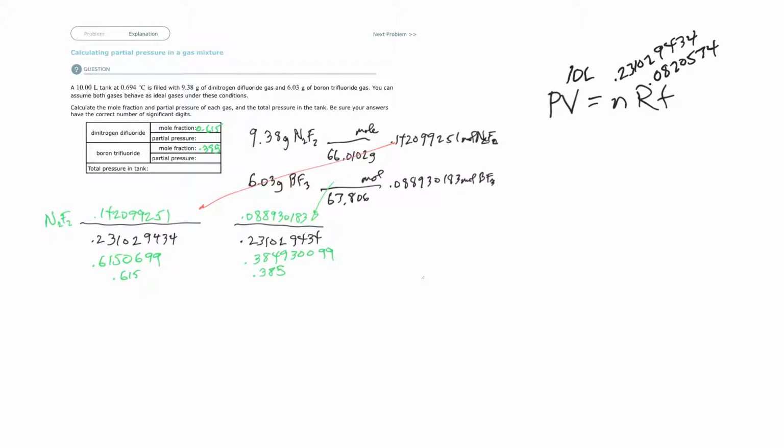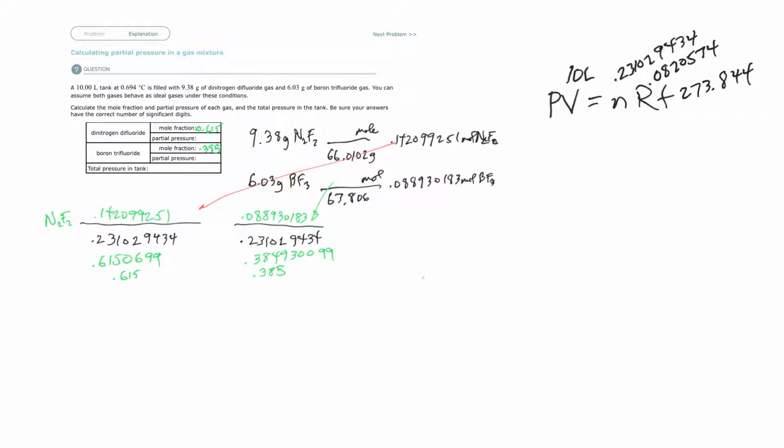I had 273 plus 273.15, and that's going to give you 273.844. Okay, so you can see this is the only unknown.